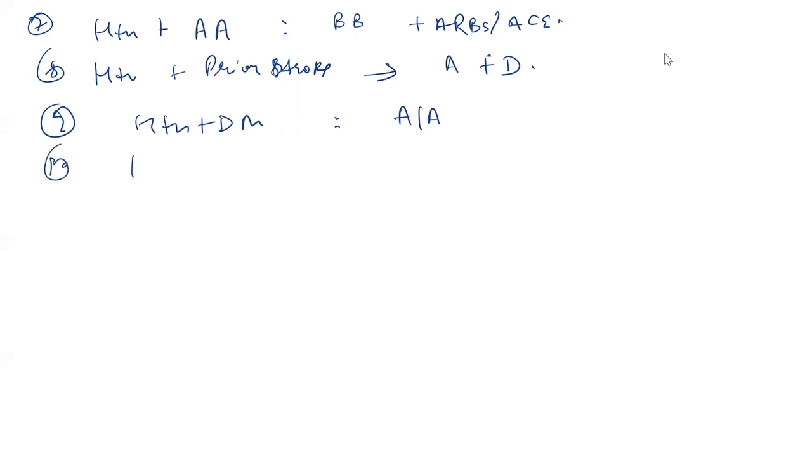In another scenario, hypertension and CKD, we prefer ACE inhibitor or ARB plus diuretics.